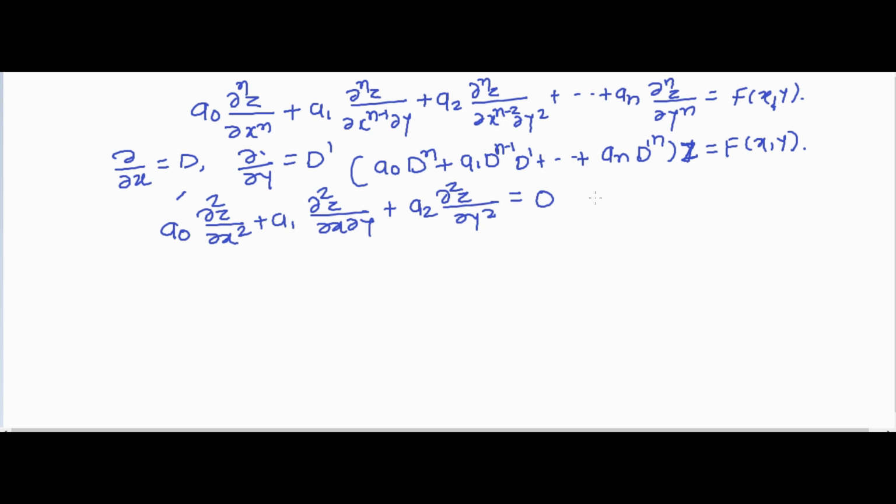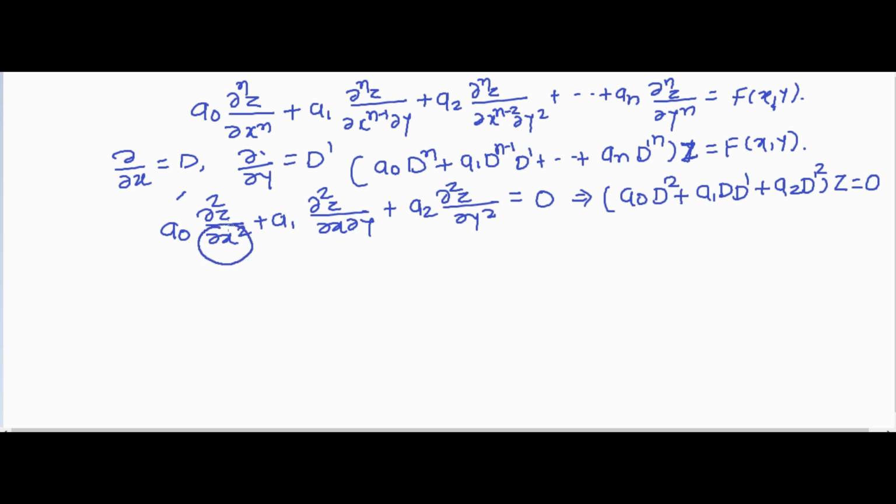Let us put del by del x equal to D and del by del y equal to D dash. It will be converted into a0 D squared plus a1 D D dash plus a2 D dash squared operating on z equal to 0.